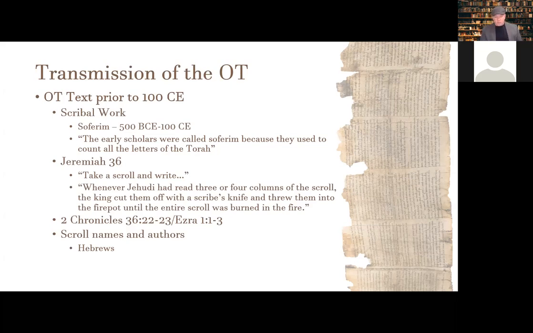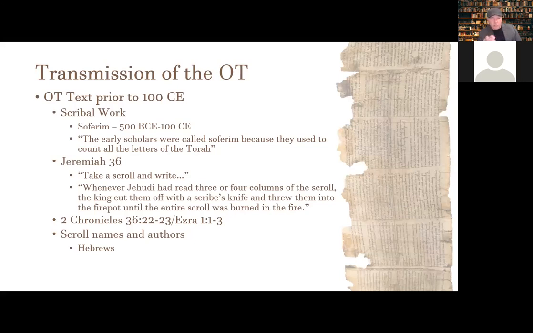This preservation wasn't like me and you sitting down and copying lines from a book or someone else's notes. This was given the utmost reverence, the most reverence that you could think of when copying these texts. They were counting every letter.